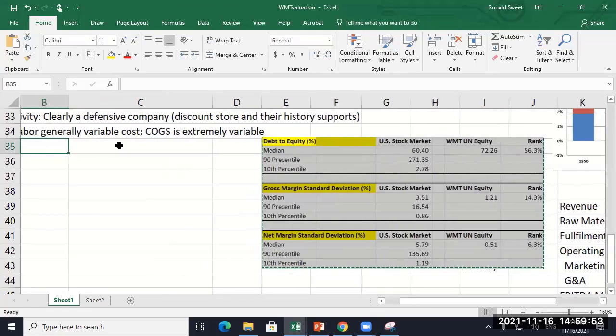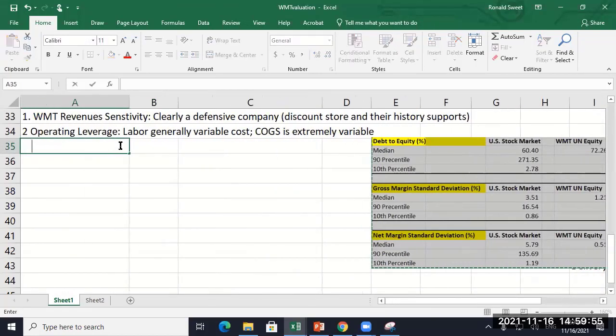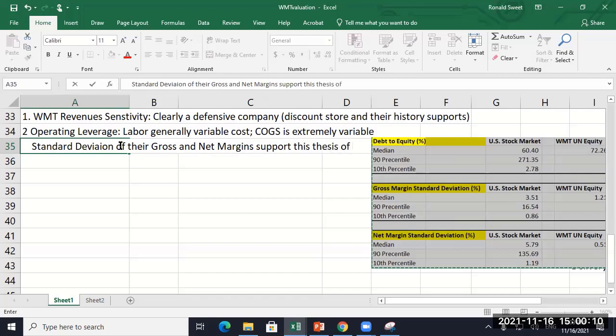And so what I'm going to say here is the standard deviation of their gross and net margins support this thesis of high variable, low fixed cost for Walmart. What does that suggest for the beta?